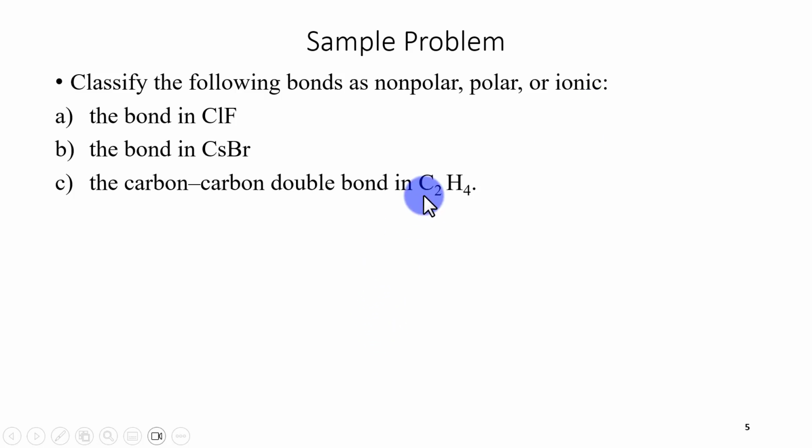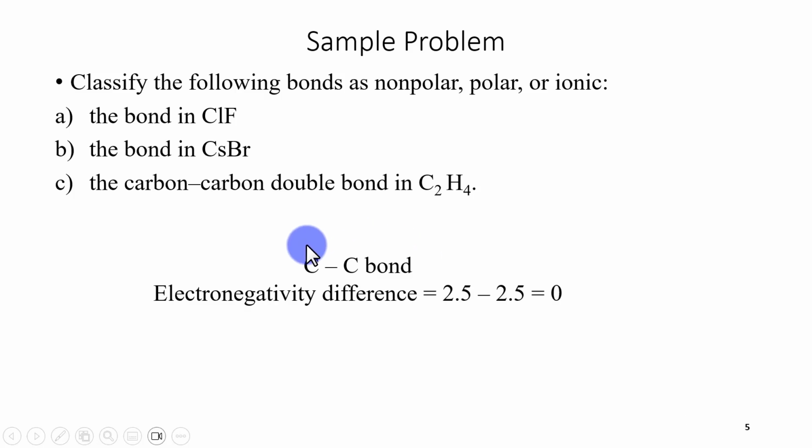I could also say the same thing about the bond between carbon and hydrogen. I can classify that bond, the C-H, but it's asking for the carbon-carbon instead. It doesn't matter that I just put a single bond here, or a line here, but it's a double bond. I was just following this rule here.